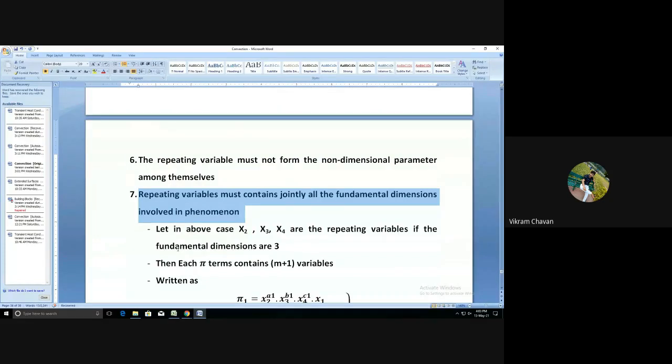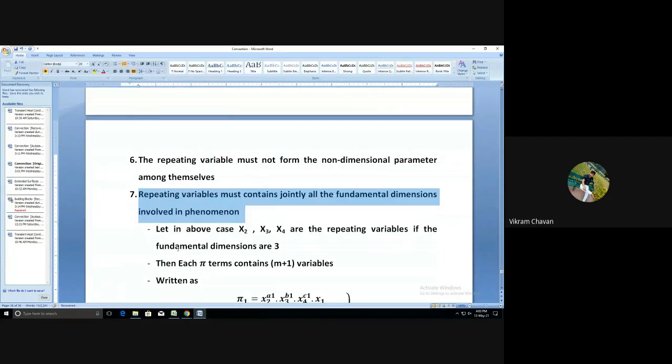Number of repeating variables कितने होते हैं, जितने फंडामेंटल डायमेंशंस होते हैं. सो हमने जो ऊपर एग्जांपल लिया है, नंबर ऑफ वेरिएबल्स x1 से xn तक हैं. उस फिजिकल फिनोमेनन में हमें 3 फंडामेंटल डायमेंशंस मिल गए, तो हमने 3 रिपीटिंग वेरिएबल सिलेक्ट किए. So let us consider that the repeating variables are x2, x3, x4.